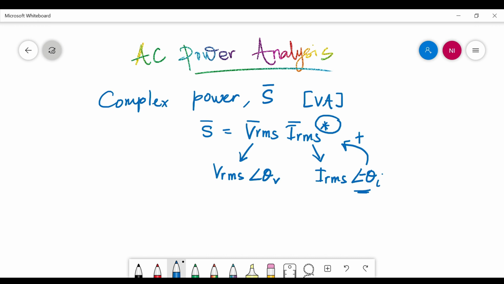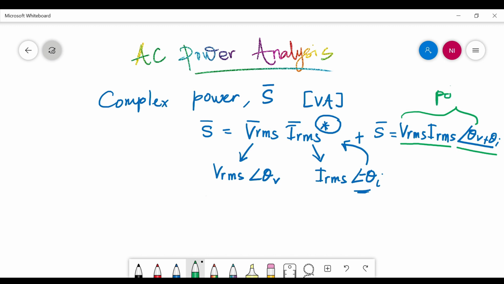You insert into this, and complex power will be Vrms Irms, and the total angle will be theta V plus theta I. As you can see, this is the magnitude of complex power, and this is the angle of complex power. So this form is polar form.